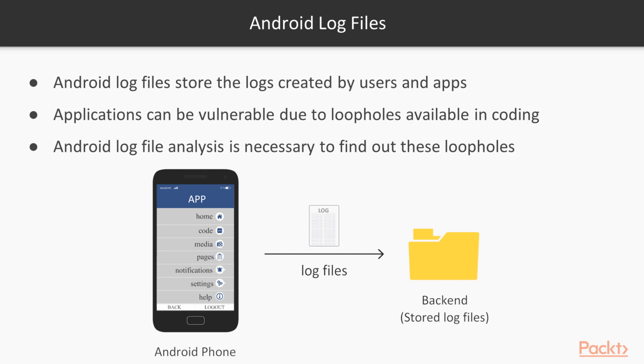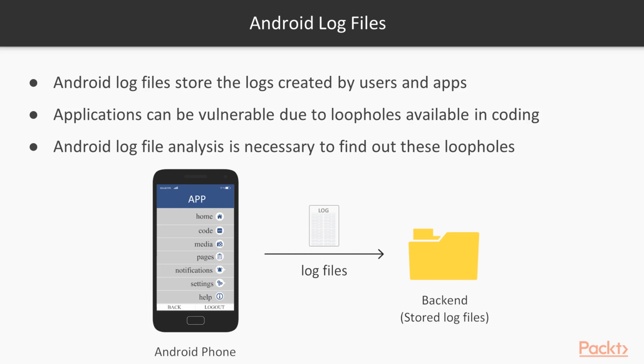So here, this is the place where you can find all the logs, all the activities of the user, right? That's why if you want to find some secret information, or if you want to know about the user, how it works, then you can analyze the Android log files, because it contains all the logs created by the user and Android machine.